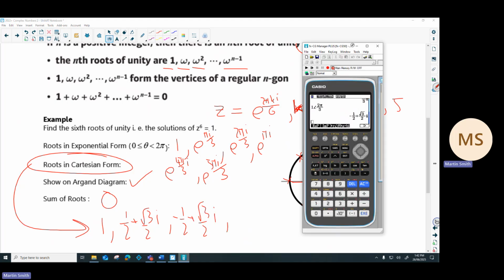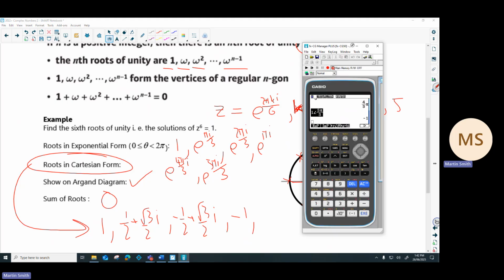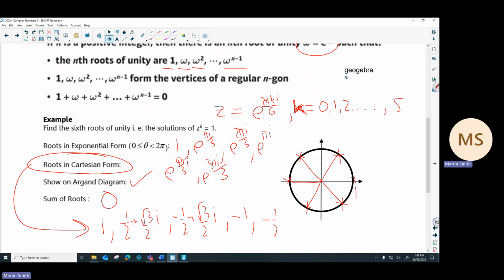If you change the argument to 3 pi over 3, you just get minus 1. If you change the argument to 4 pi over 3, you will get minus a half minus root 3 over 2 i. And finally, you'll get a half minus root 3 over 2 i.